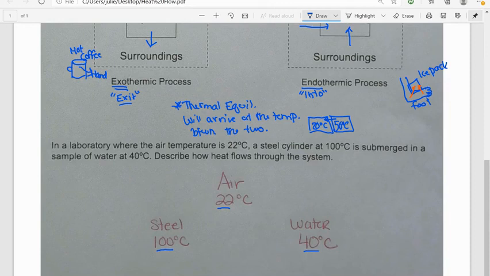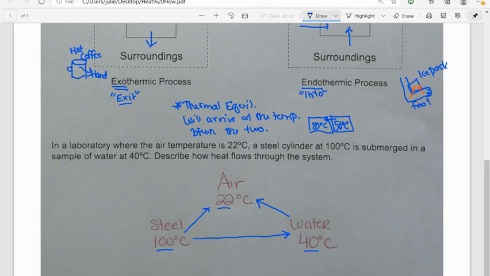But remember, it's always going to move from hot to not. So energy is going to move from steel to air. It's also going to move from the steel to the water. And then lastly, there is a transfer of energy from the water, which is at a higher temperature, to the air. Again, focus on where you have your higher temperatures versus your lower temperatures and identify where that heat flow is.